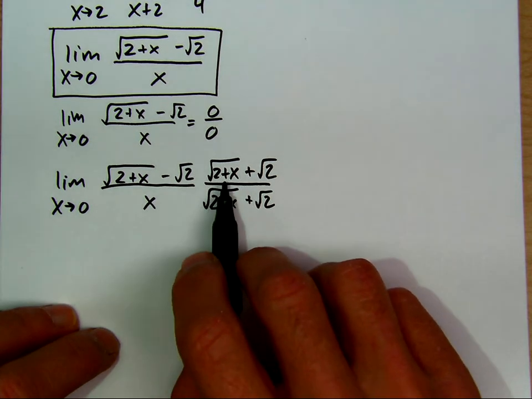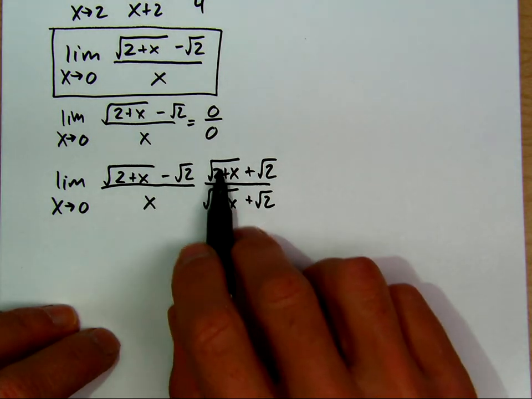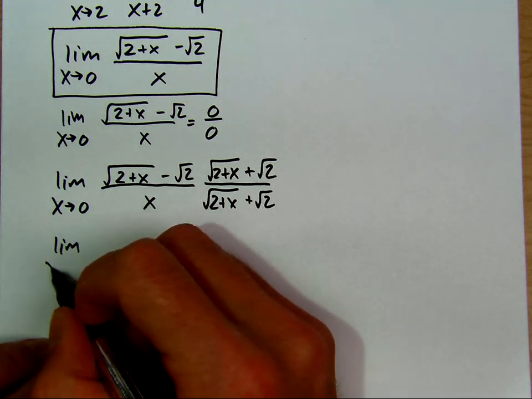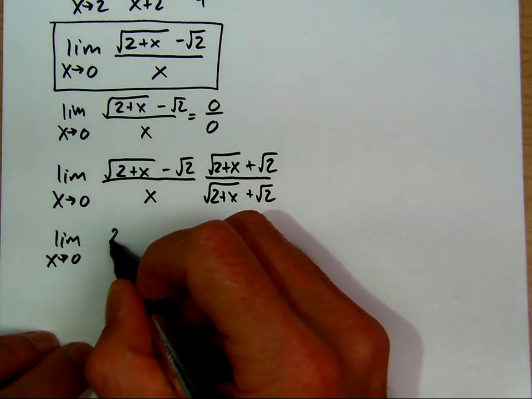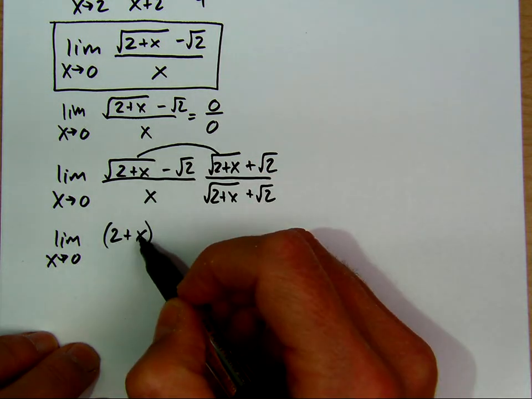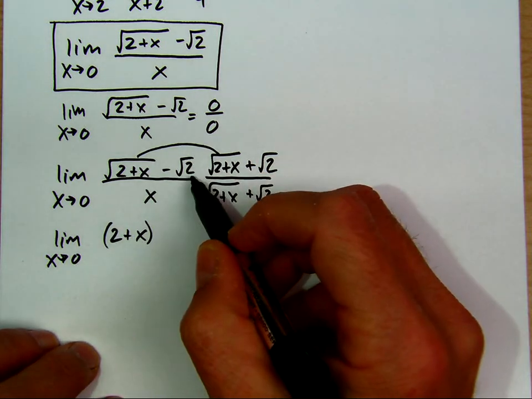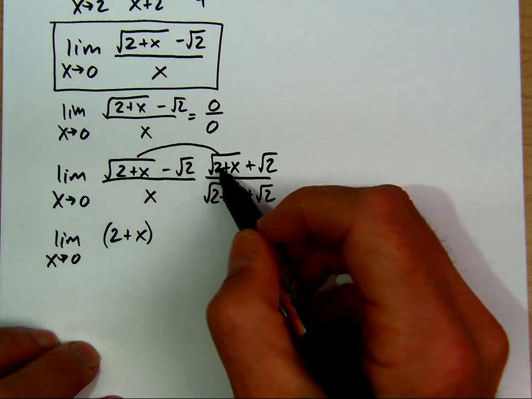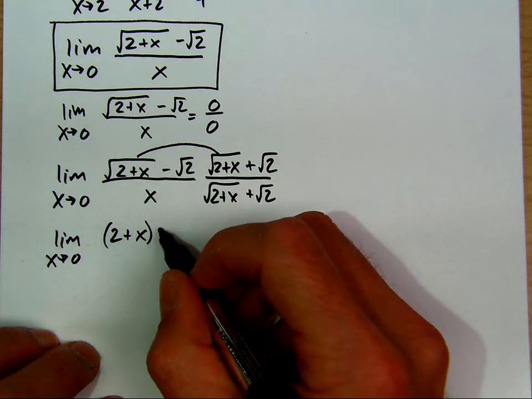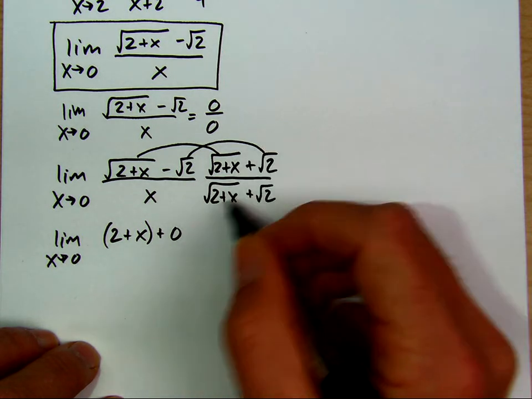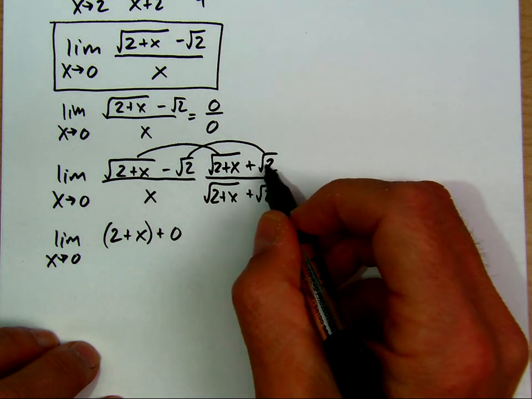So when we do that and we multiply the two radicals, we have 2 plus x. Radical times radical, the radicals cancel, and then we're going to have radical times radical, and that's a negative, and then we have a positive, so that's going to be 0, and then radical times radical, they cancel, we get a 2, and it'll be negative.